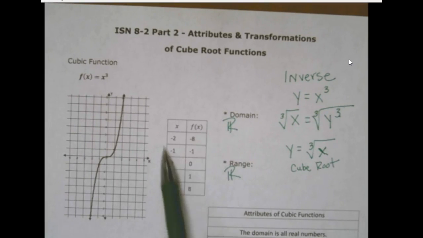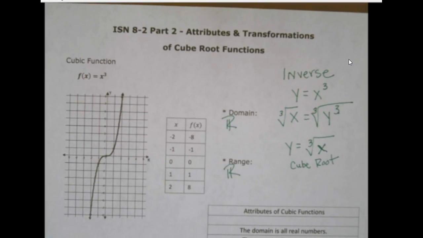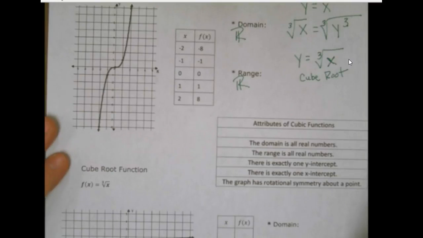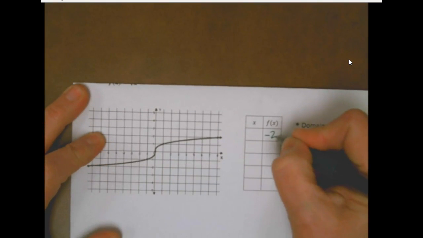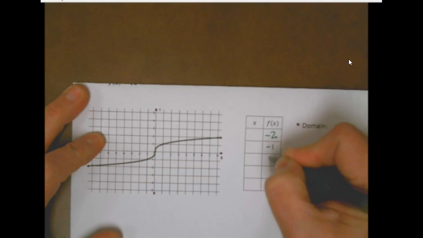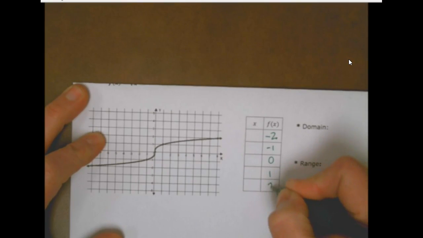If you have a table, how do you find the inverse for a table? Same thing. What do you do? Switch the x and the y. So down here, I am going to switch the x and the y.